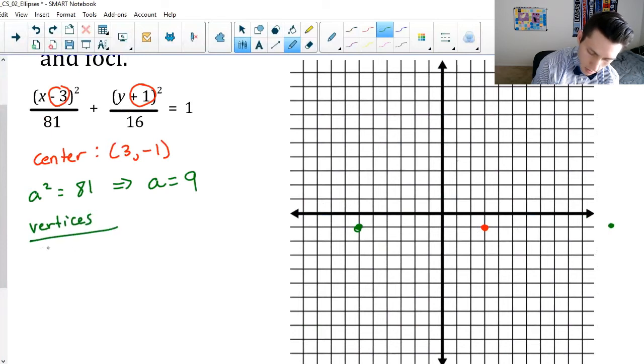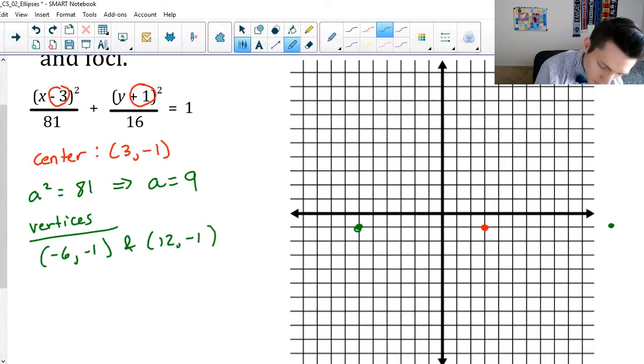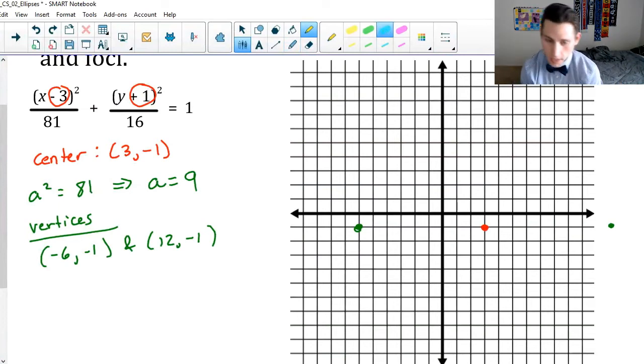Okay, so vertices. So 3 minus 9 would be -6, -1. And then 3 plus 9 would be 12, -1. All right, so again, just be aware. I see people mess up which values you add to.